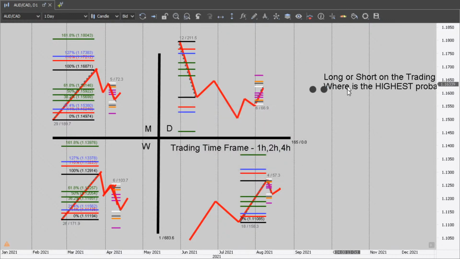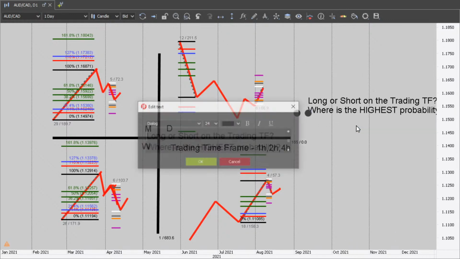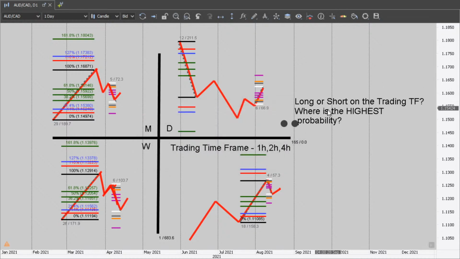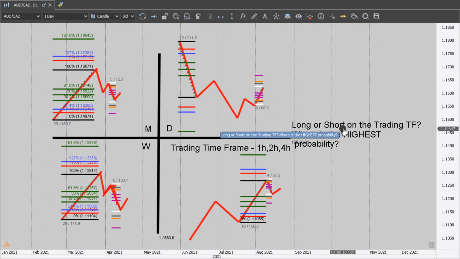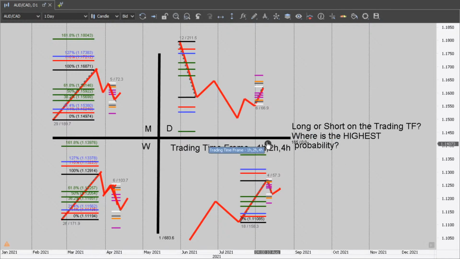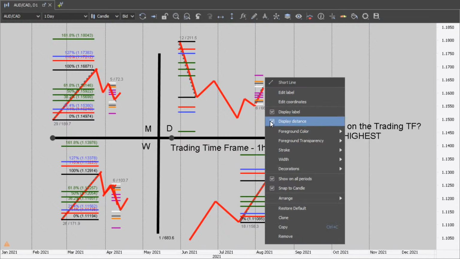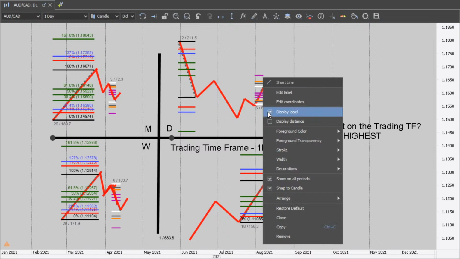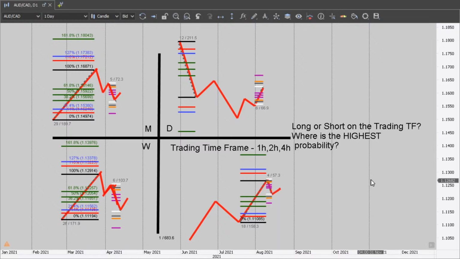Okay, everybody, this is the question. Okay, long or short on the trading time frame, and where is the highest probability, everybody? What do you think? Long or short?